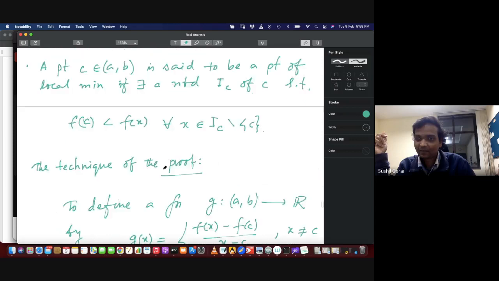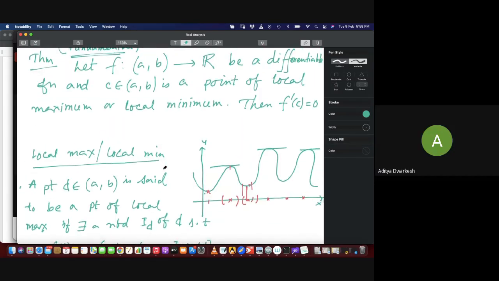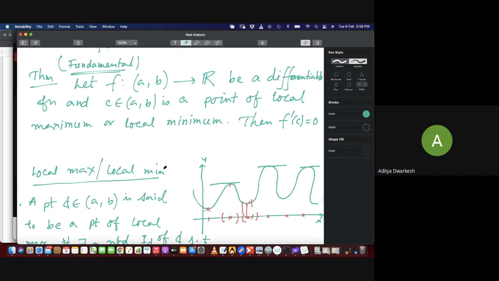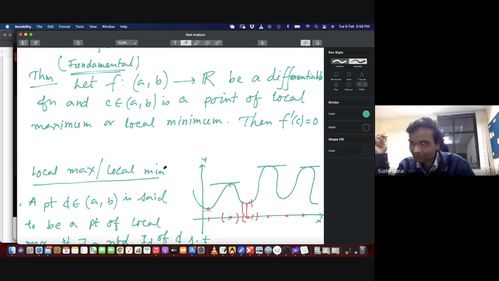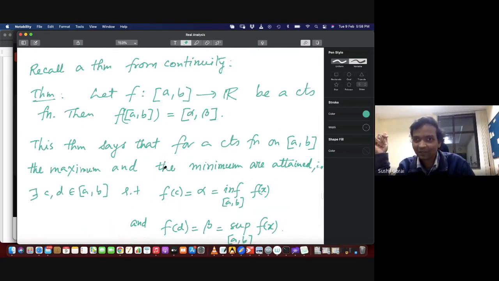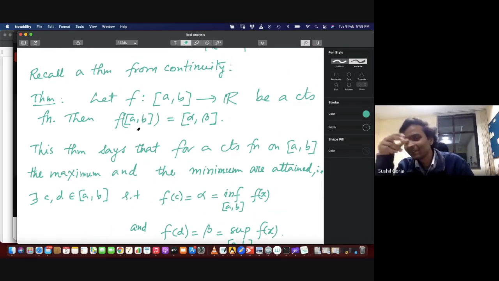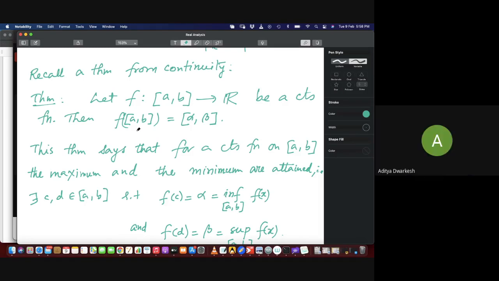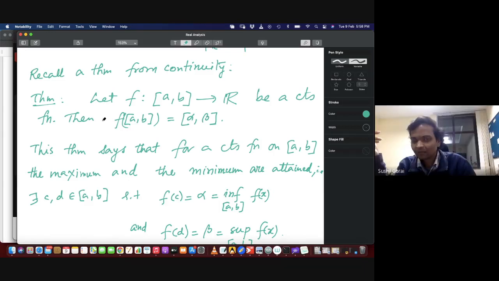Any other question? Sir, I thought the theorem said that a continuous function has a maximum and a minimum only on a compact set. Of course, yes. A continuous function has a maximum and minimum. It might happen that in an open interval also you have a maximum, but it's not necessary. It may not have one.